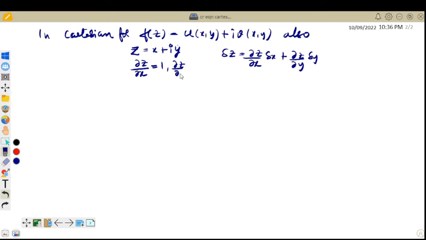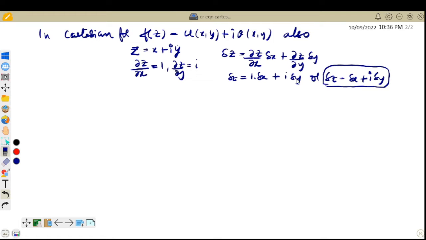Similarly, z with respect to y is just i. So Δz = 1·Δx + i·Δy, or Δz = Δx + iΔy.